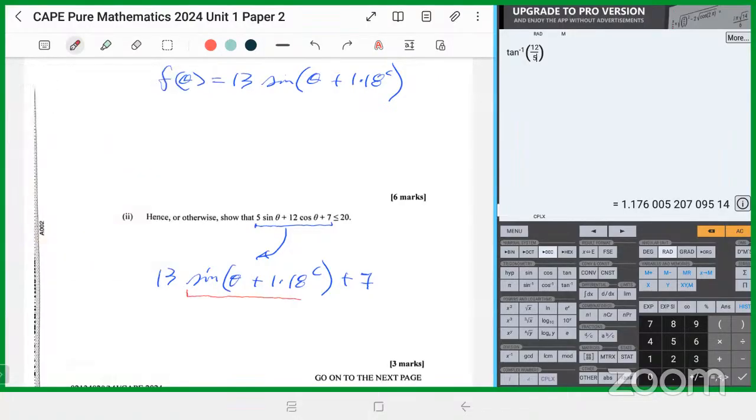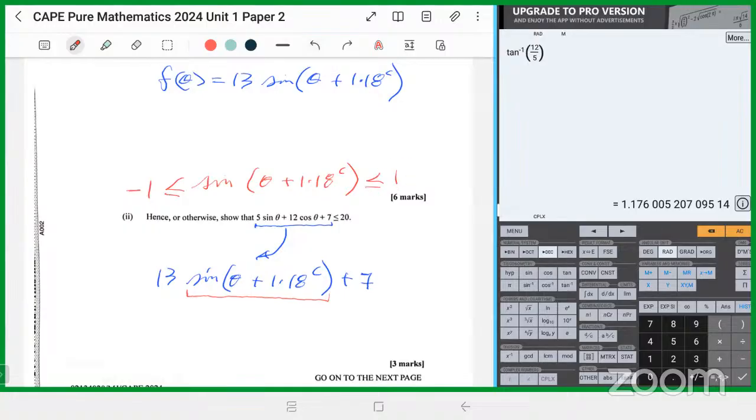I can put it here actually. The sine of theta plus 1.18 radians is less than or equal to 1 and greater than or equal to -1. So the maximum is 1.